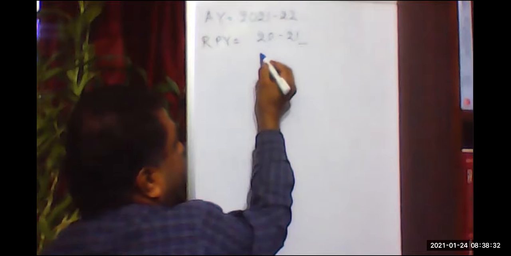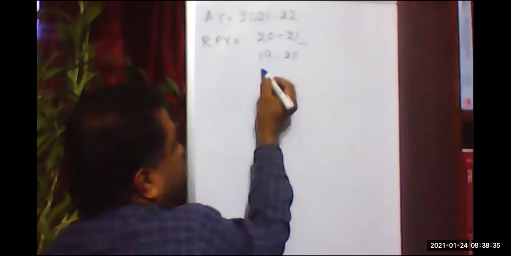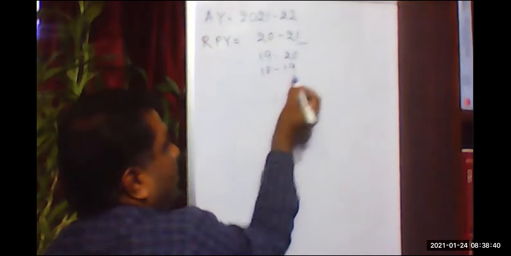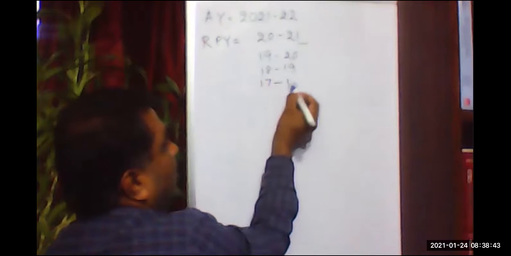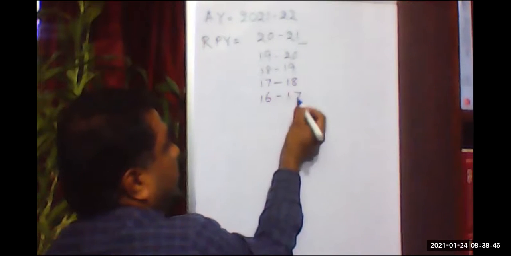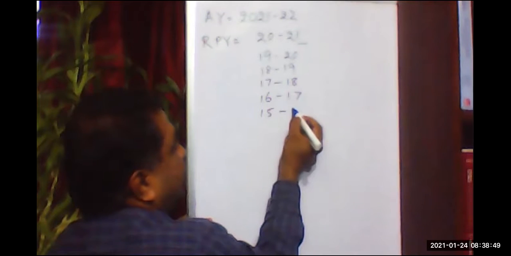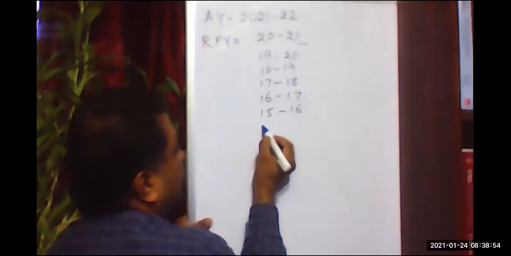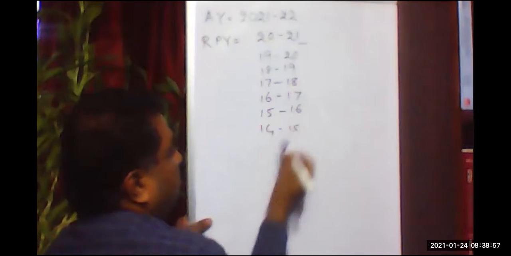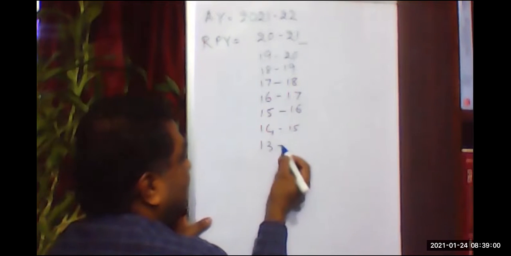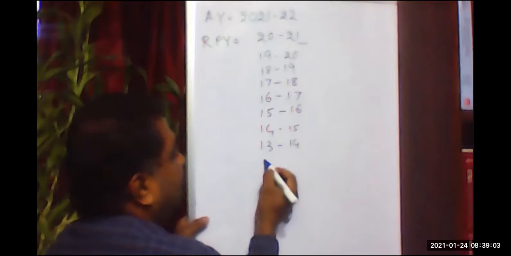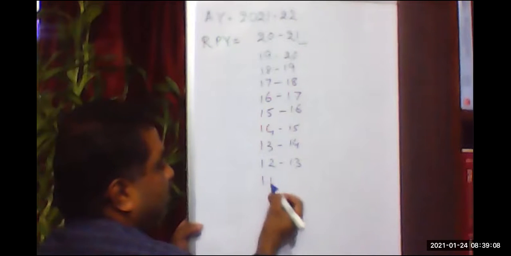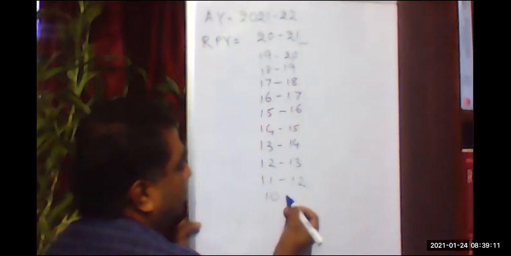How will we be doing this? 19-20, then 18-19, 17-18, 16-17, 15-16, 14-15, 13-14, 12-13, 11-12, 10-11.